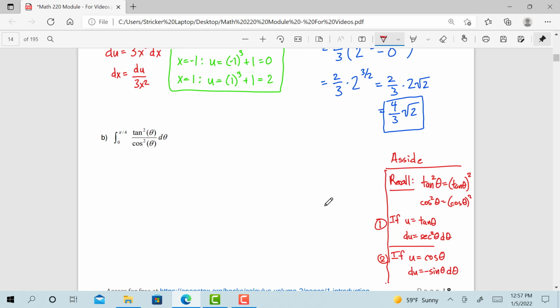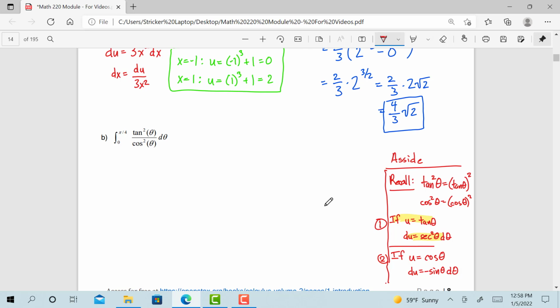It's not real obvious, but it's there, because the reciprocal of cosine squared is secant squared. So let's see what this looks like. Let's choose the first option.